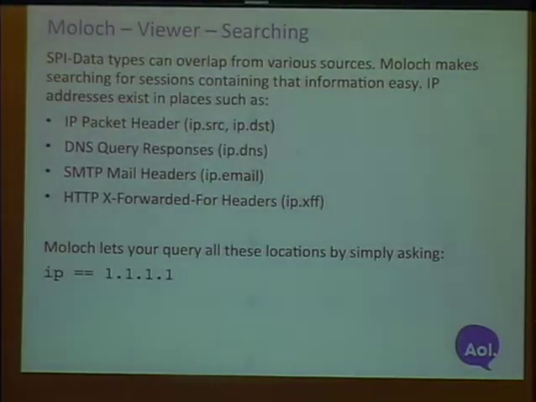One of the other things I started noticing with a lot of the full PCAP setups out there is that when you want to just search for an IP address, it might be in various locations, and you have to keep writing queries that look for it here, here, and there as well.